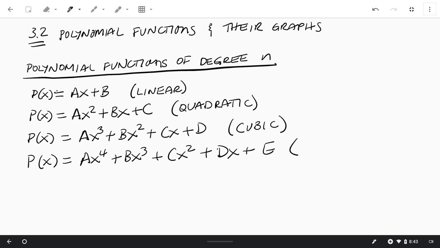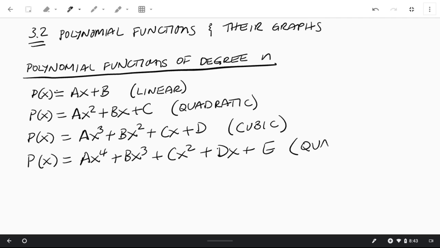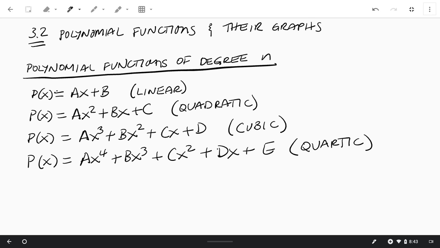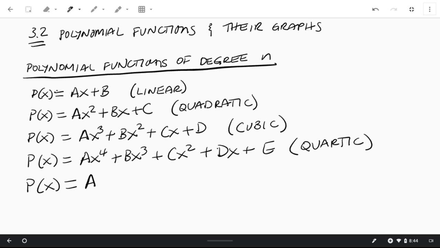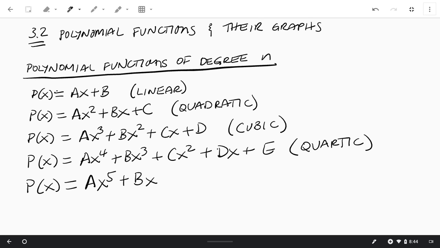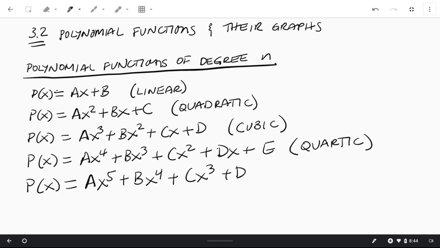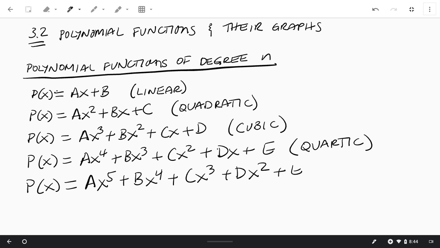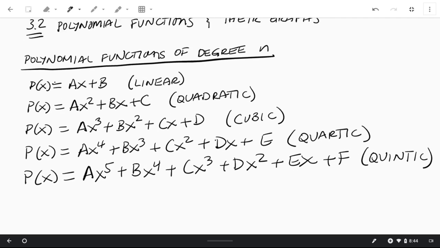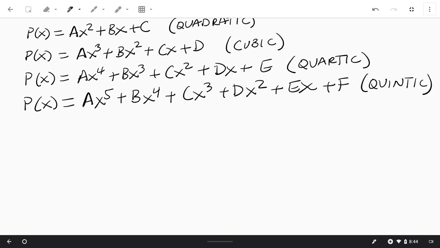So this here, degree 4, is called a quartic. And degree 5, we will also probably look at. The degree 5 is called a quintic. And then everything else beyond that has no special names.